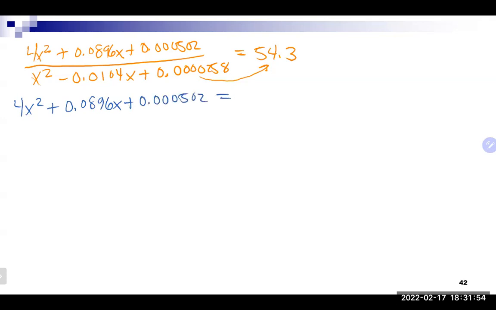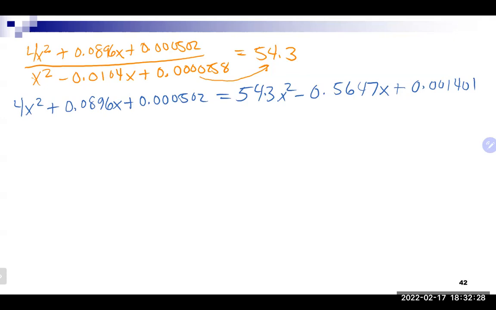Again, taking the bottom term and multiplying it across to the other side gets us 54.3x squared minus 0.5647x plus 0.001401. Now I take a nap and then I wake up and go, I need to combine everybody to the same side here, right?